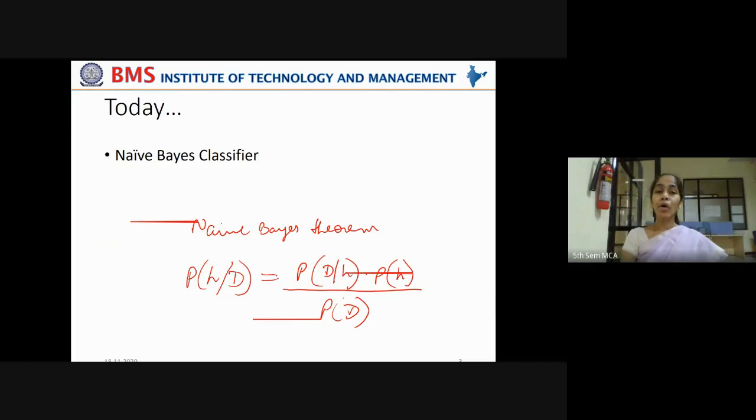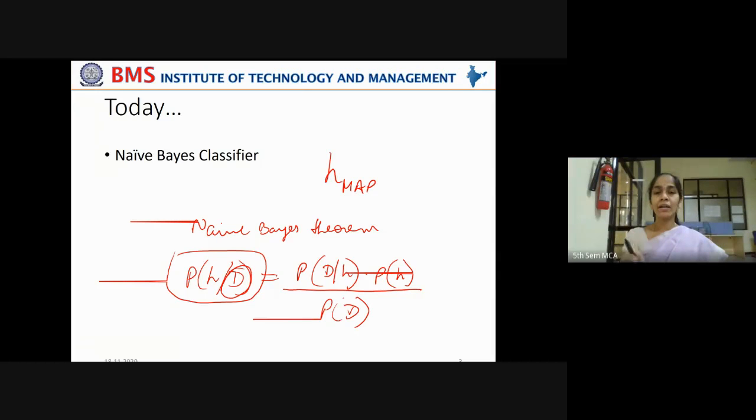Now among all these posterior probabilities, whichever hypothesis has the highest probability is your maximum a posteriori hypothesis, indicated by H map. You remember this H map? How did you derive it? Among all the posterior probabilities calculated, suppose you have three hypotheses, three statements that you make in accordance with the training examples given.